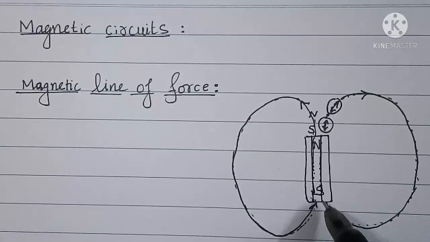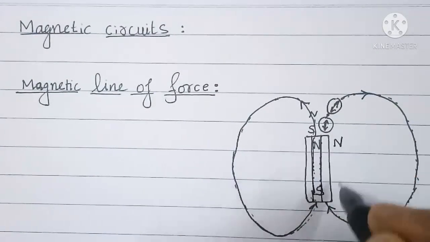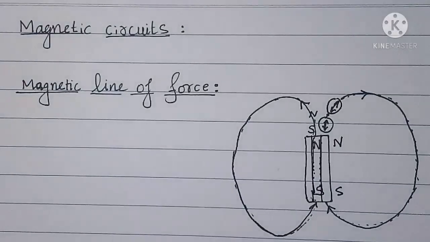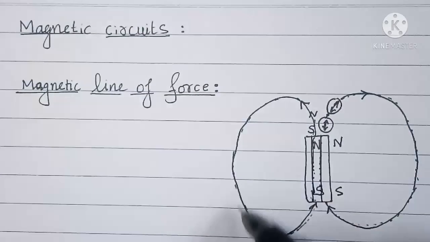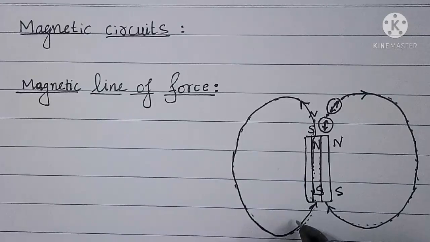But inside the magnet we find straight lines. So now once again I will write here N pole and S pole as there is overlapping. These curved lines outside and the straight lines inside, which form a closed path, are called as magnetic lines of force.